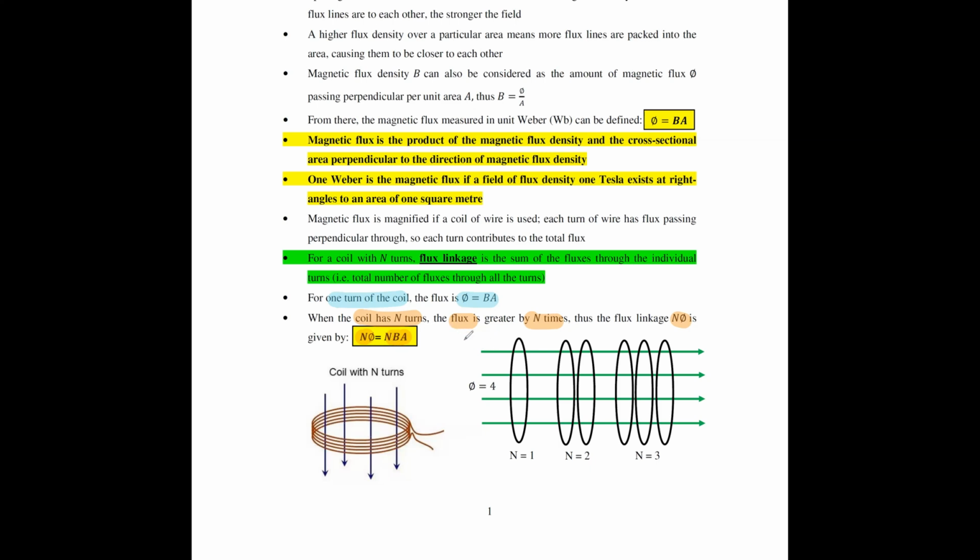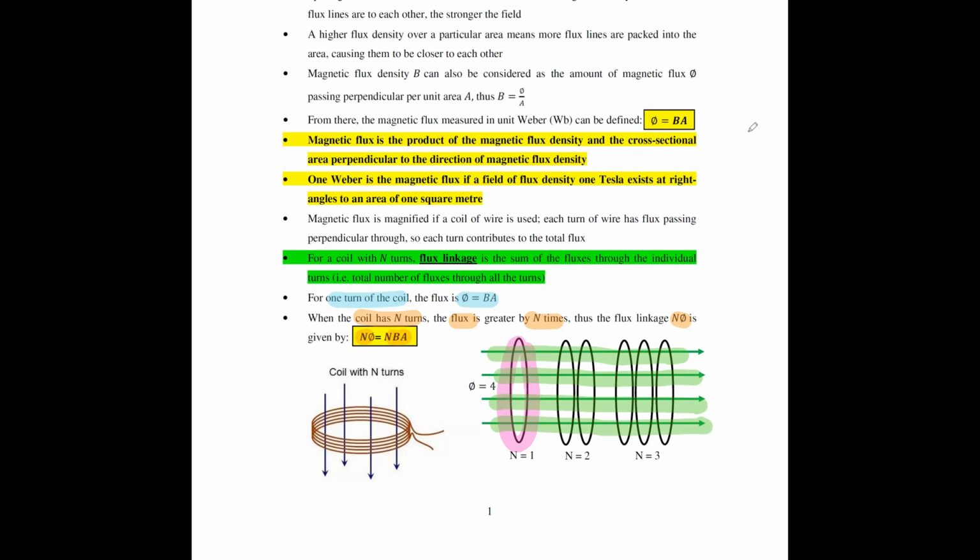If you want to calculate the flux linkage through a coil with n turns, you look at the example diagram below here. This one is just 1 turn of your wire. The flux that you have is actually 4, because you can see 4 magnetic flux lines here acting perpendicular through your area here.